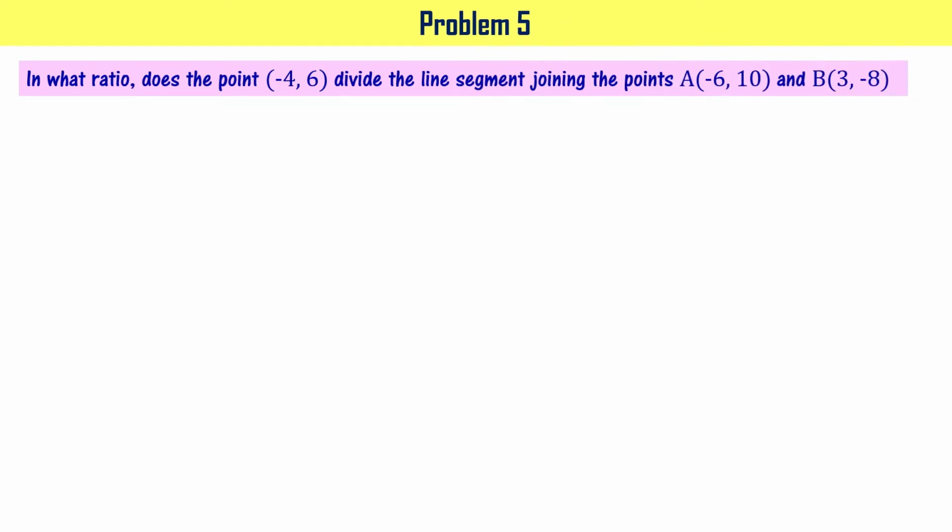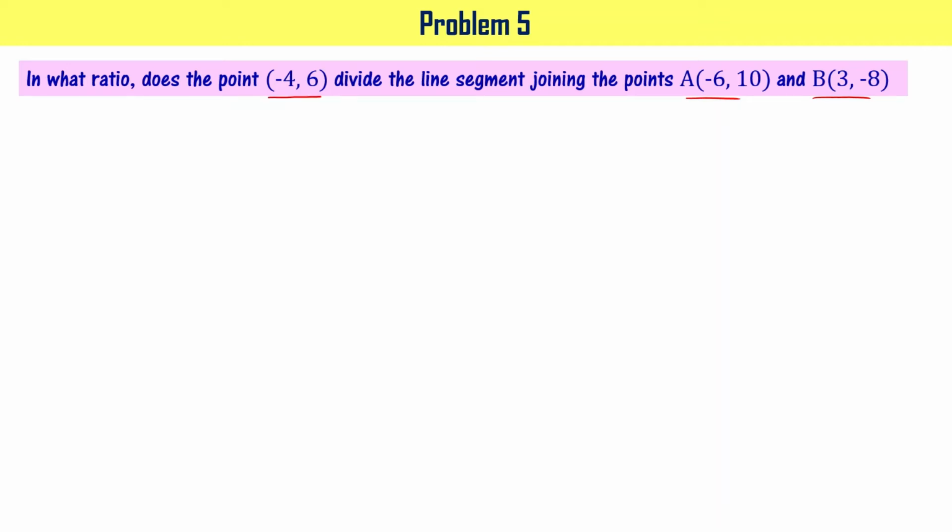The next problem is: in what ratio does the point (−4, 6) divide the line segment joining the points A(−6, 10) and B(3, −8)? We are given 2 points A and B. The line segment is joining these 2 points. And we are given another point, that is (−4, 6).